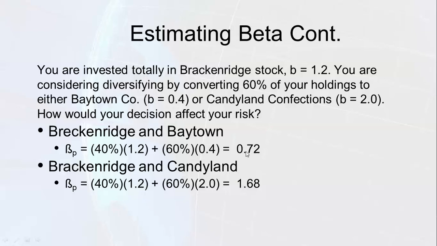If you do this math, you're going to have 0.64 beta. So that's the portfolio beta. Same thing if you want to create a portfolio of Breckenridge and Candyland. Breckenridge is going to have 40% investment, and the other one has 60% investment. So 40% times beta plus 60% times beta 2. So its portfolio beta is 1.6. Okay, so this is how we're going to be computing portfolio beta.